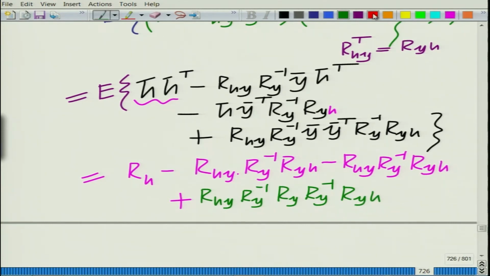And needless to say, R_y inverse into R_y is identity. So, these things cancel.